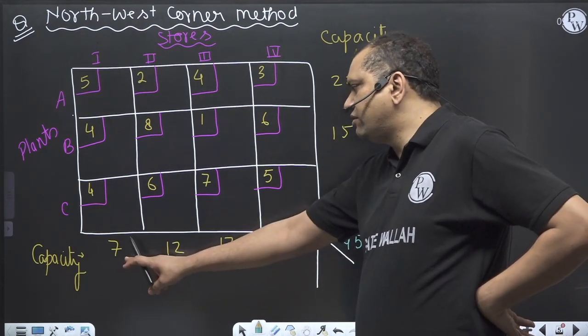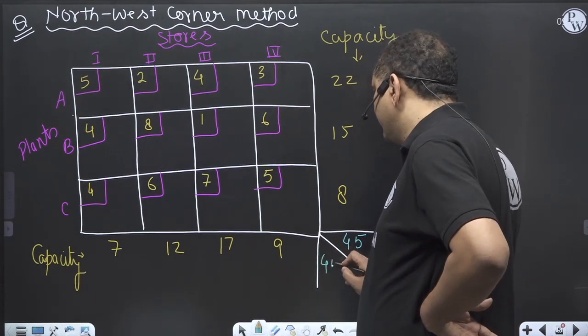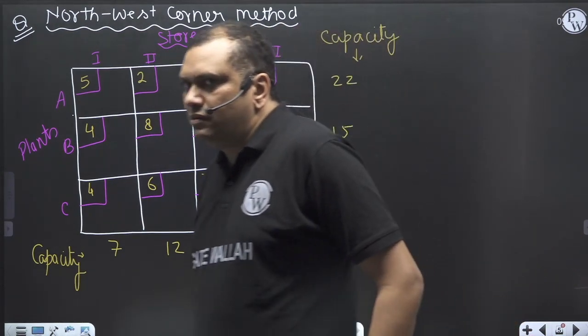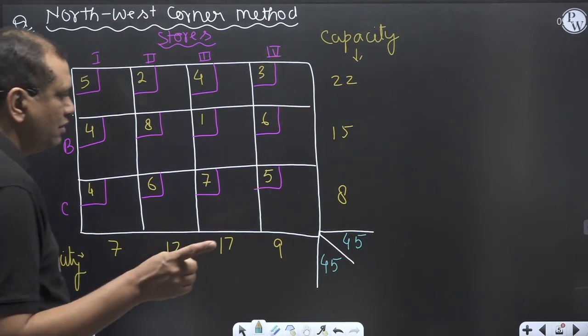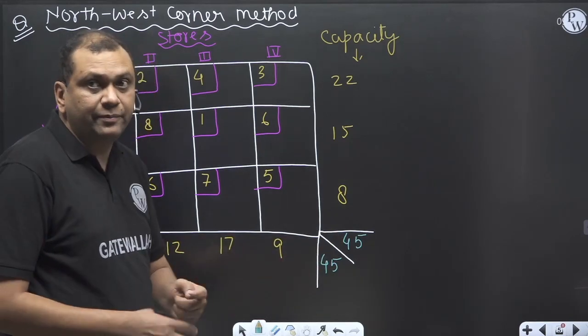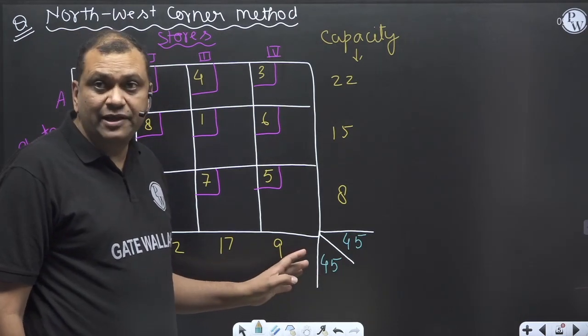Now see the column capacity, 7 plus 12 plus 17 plus 9. It is also 45. So this indicates that the problem is balanced. When these two numbers are the same, it means the transportation problem is a balanced one.